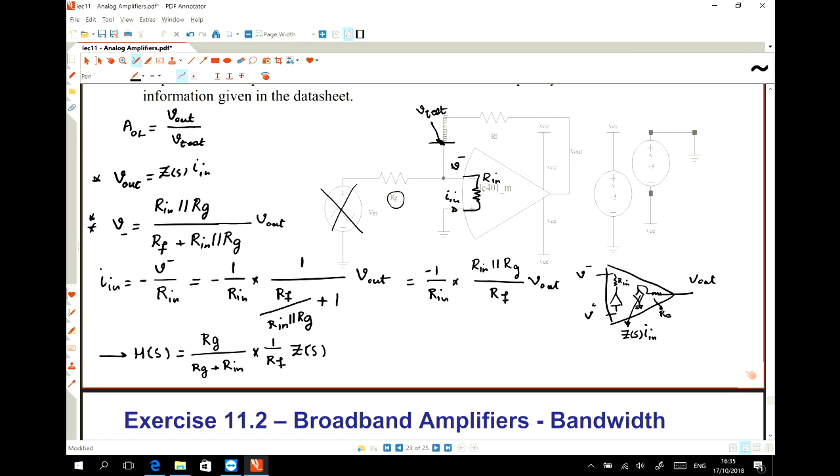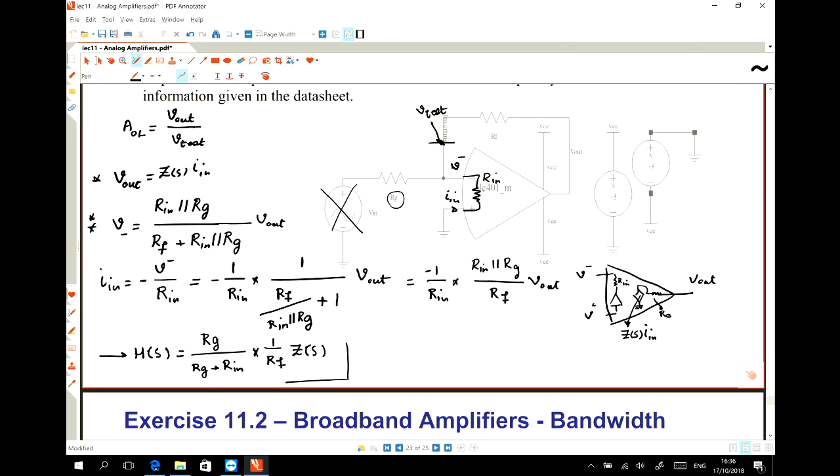When we want to find the HS, we have to open here and then write those things. So this is the approximation formula if we assume that RF divided by R in is large.